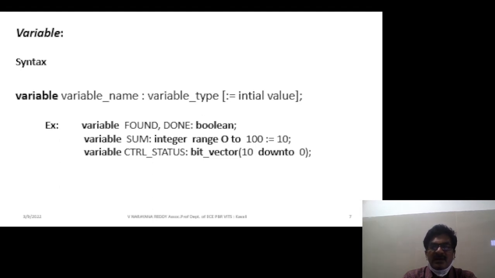It accepts either zeros or ones. How many? 10 down to 0 means 11 bits, so control status can accept 11 bits. So that is the meaning of bit vector of 10 down to 0. Like that, the variable is declared and used in VHDL programs.